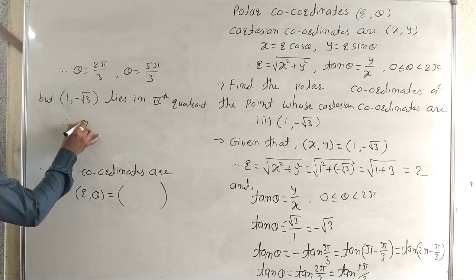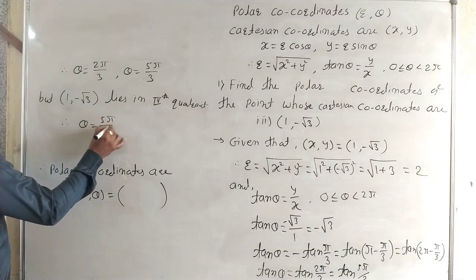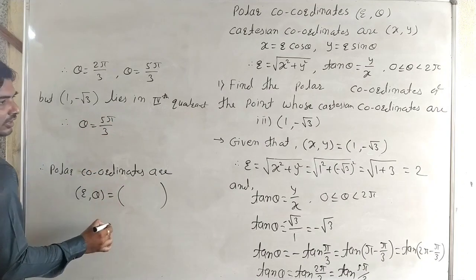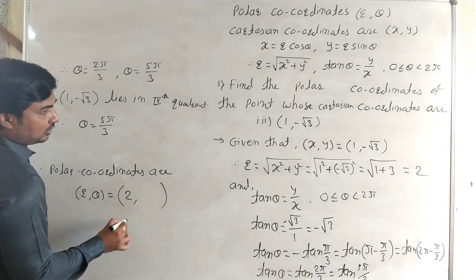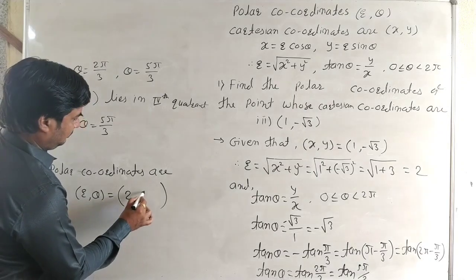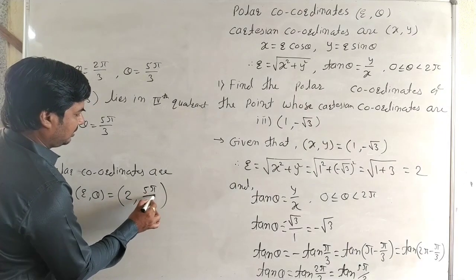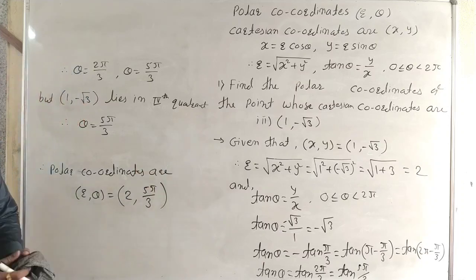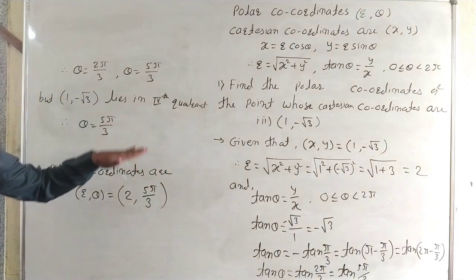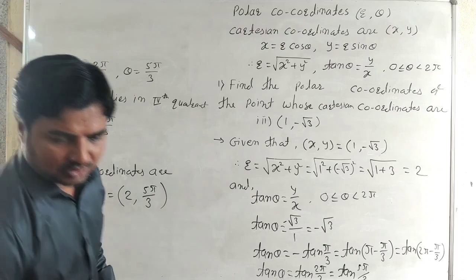And therefore theta is equal to 5 pi by 3, and the polar coordinates are 2 comma 5 pi by 3. See carefully this. Now the last example.